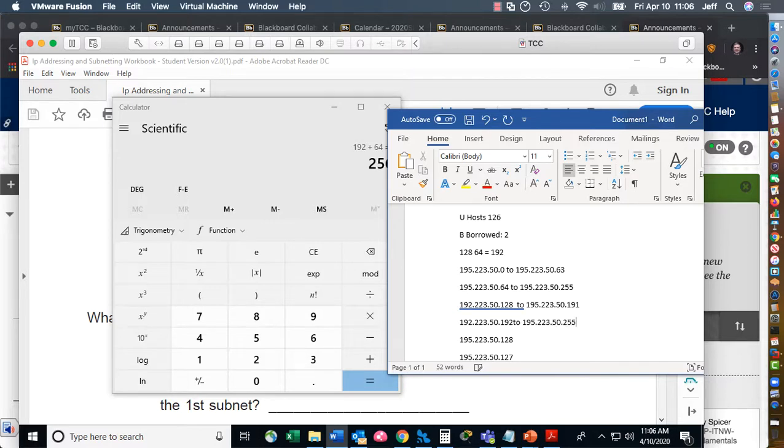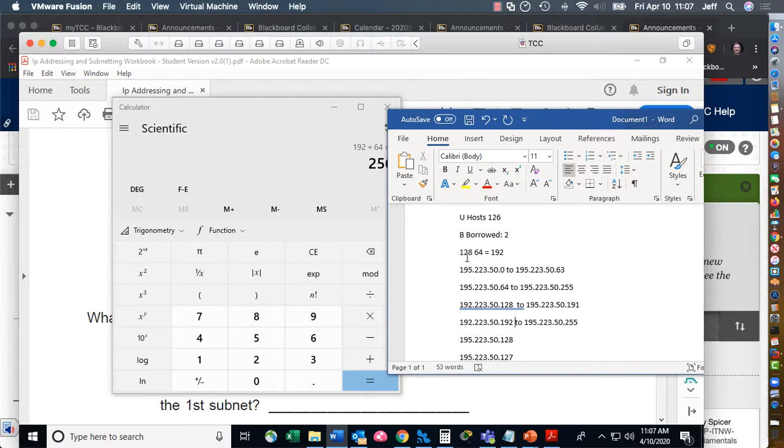Got 255, because now we would borrow 2 bits, and since we borrowed the 64, that was the lowest borrowed bit that we borrowed. Our networks go up by that amount: 0 to 64, 64 to 128, 128 to 192. And then we have 4 networks because we borrowed 2 bits, because 2 to the power 2 is 4. So that's how you do your ranges.